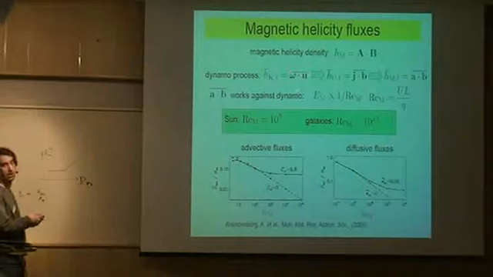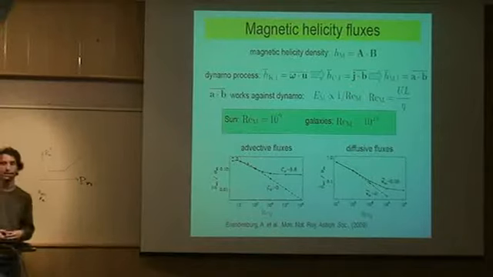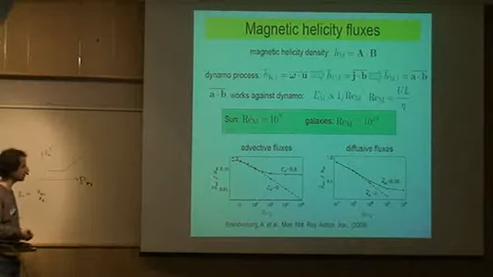Both are small scale quantities. And this typically creates also small scale current helicity, and that also creates a small scale magnetic helicity with the small scale fields A and B.